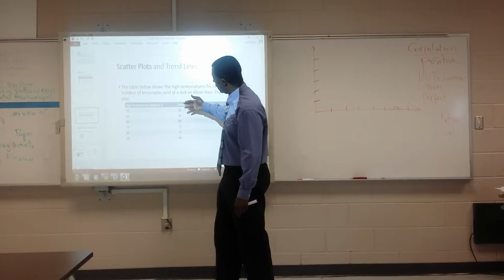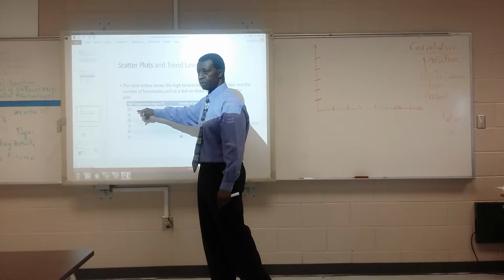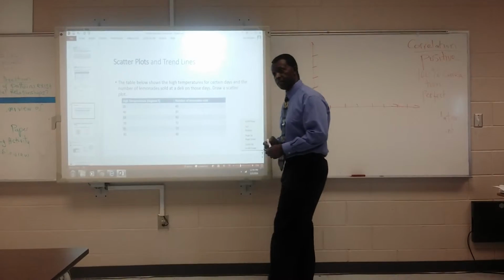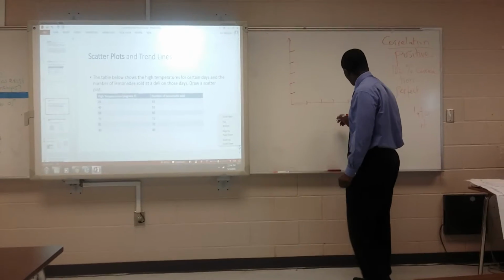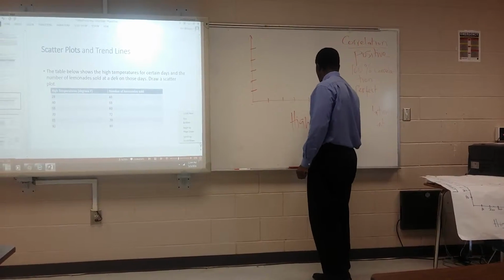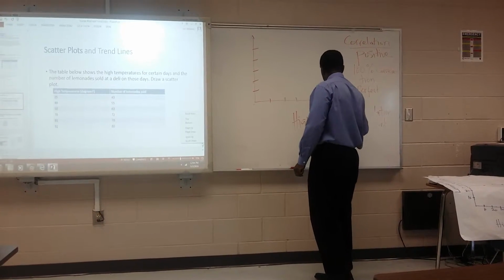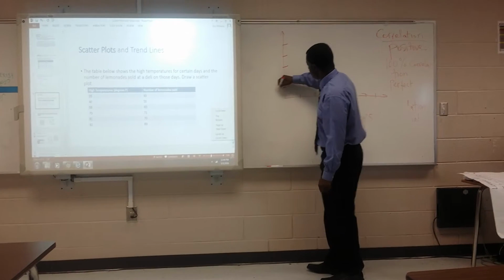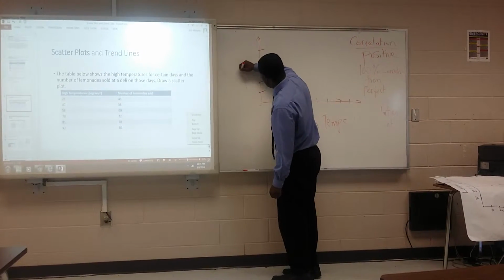So this here depends on the high temperature. So therefore, we can say the high temperatures is the independent variable, and it's going to be labeled on the x-axis. So here we have high temperatures, high temps, and the number of lemonades sold will be the dependent variable, and here we have lemonades.